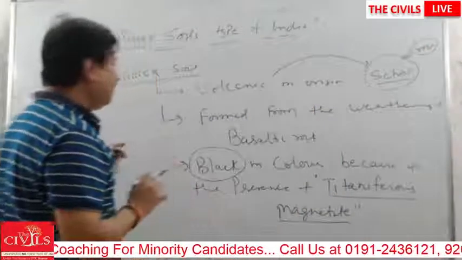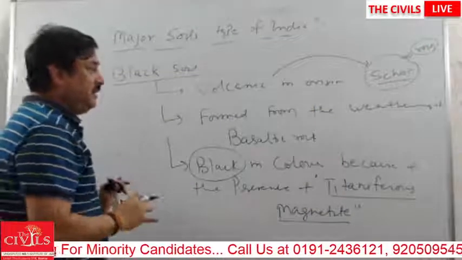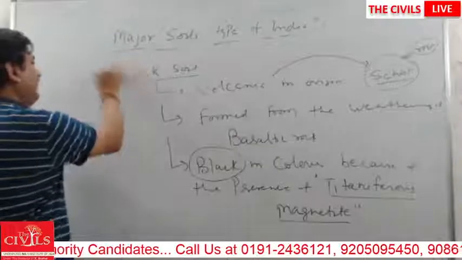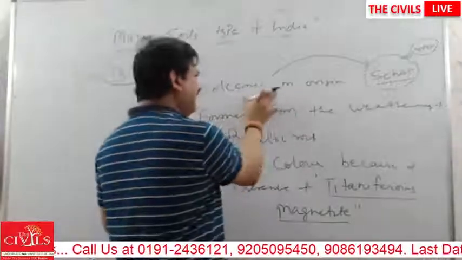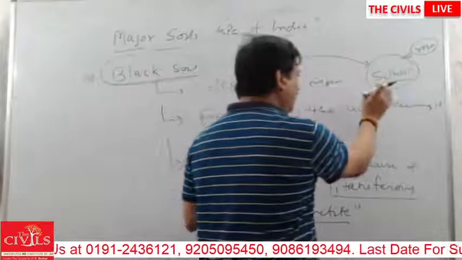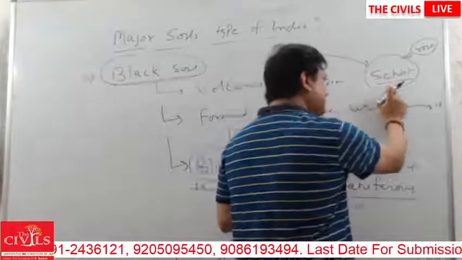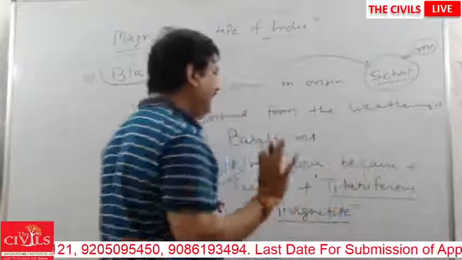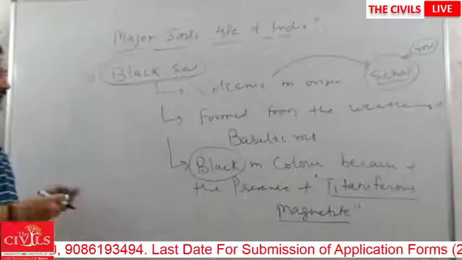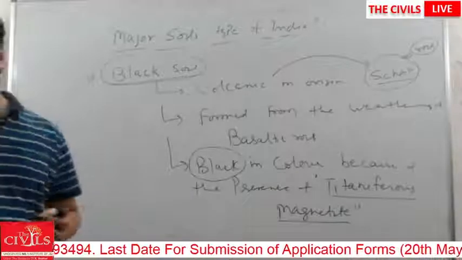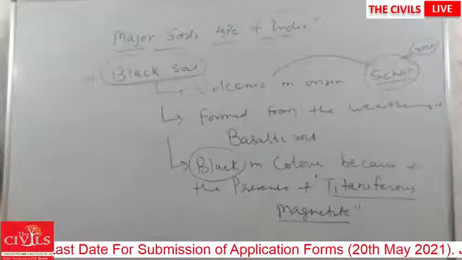So it is not only volcanic in origin, but the larger part of black soil is volcanic in origin. But apart from volcanic origin, this soil is also formed from disintegration of schist rock, which is a metamorphic rock.